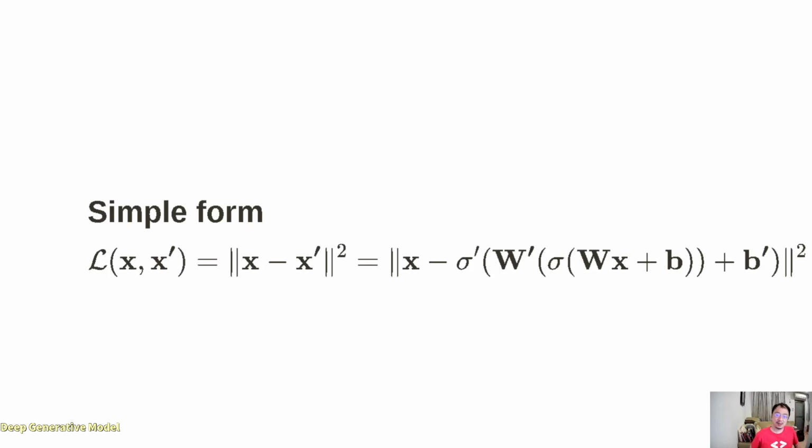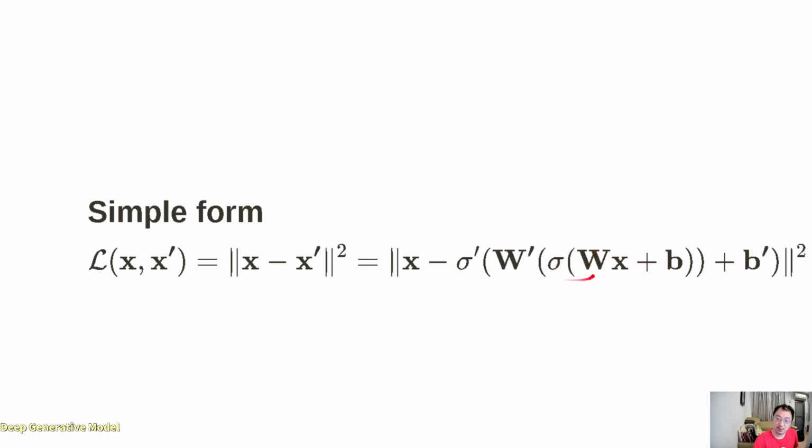A simple example is if we consider the encoder and the decoder to both be a very simple network. For example, this one is just wx plus b. This one is the encoder itself, and this one is a sigmoid. So it looks like logistic regression, because you have a linear, you can say affine, transformation and a sigmoid.